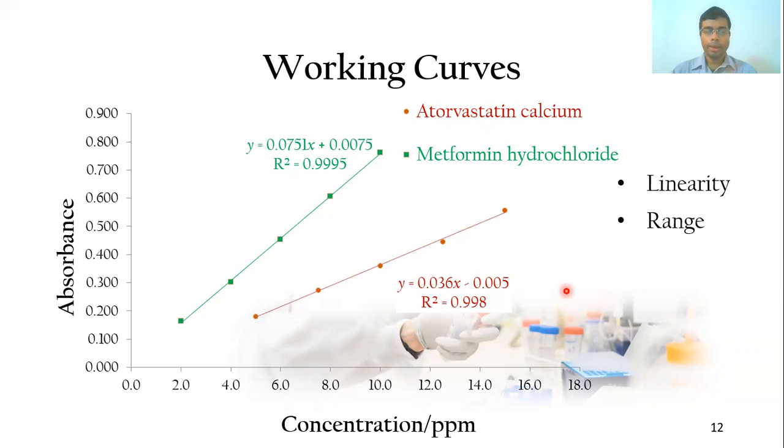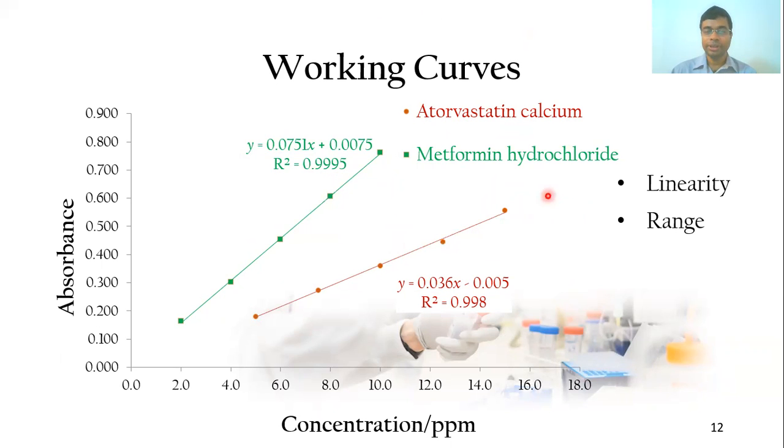Right, now these are our working curves. Once we prepared our standards and measured the absorbance for all of the drugs in our range, we were able to obtain two linear curves for AC and MH. As you can see, in both cases the R square values are almost 1.